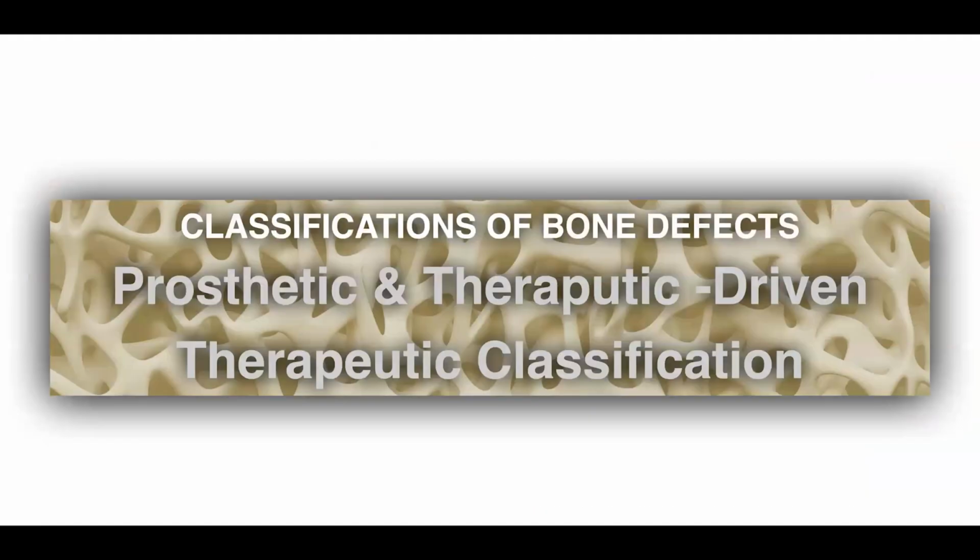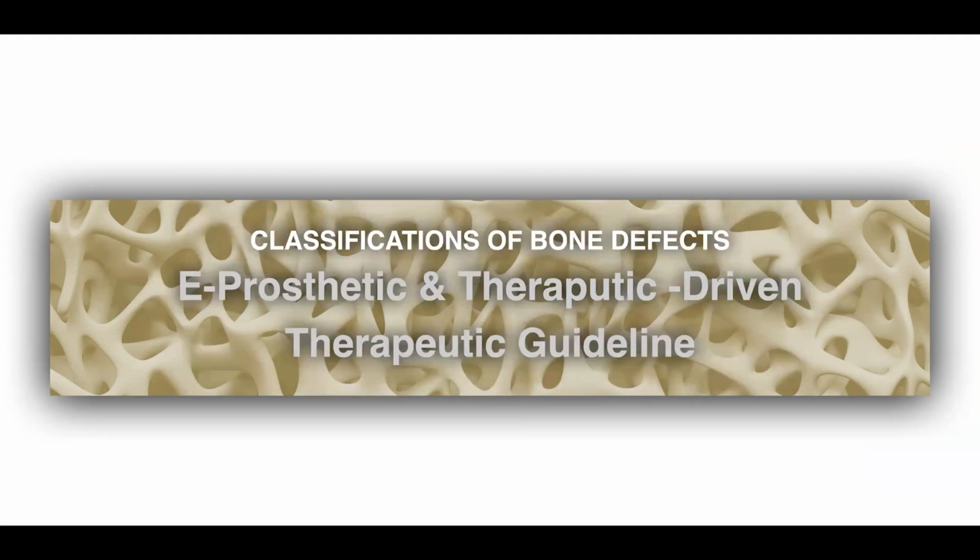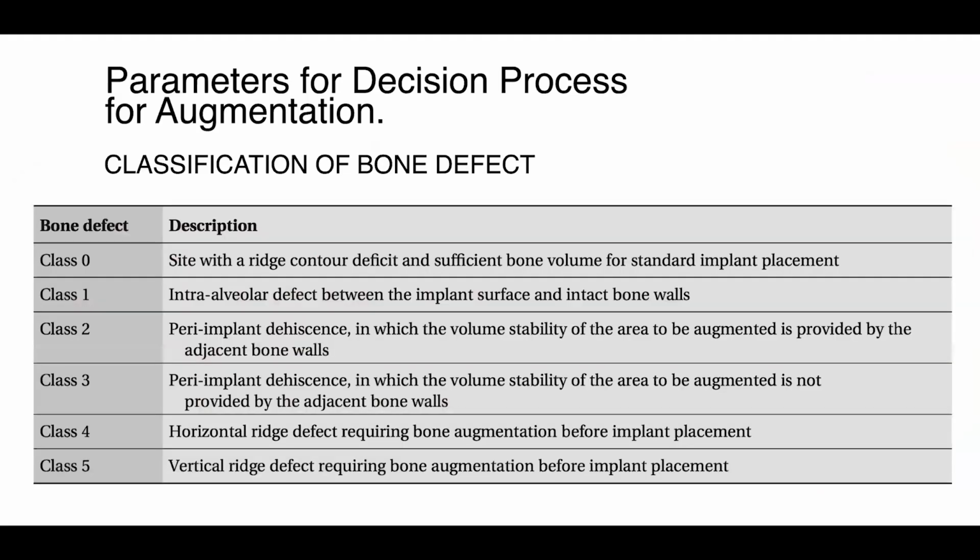Now, the final classification that I'm going to introduce gives you not only the type of defect, or, more advanced, the type and the recommendation regarding what type of therapy you should be using. It's also based on the ideal prosthetic placement of the implant, and I'll explain this in a minute.